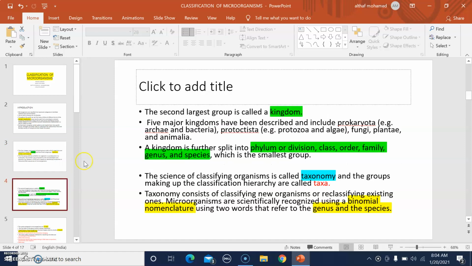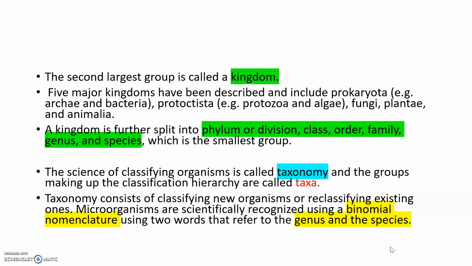The second largest group is called kingdom. First one is domain and the second one is kingdom. Major kingdoms have been described and they include Prokaryota and Protoctista. Prokaryota includes archaea and bacteria.